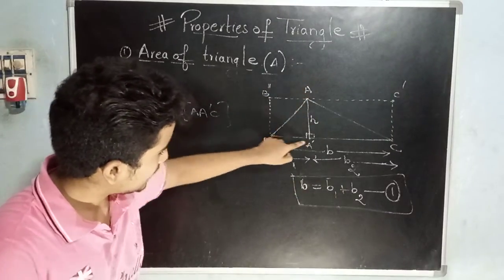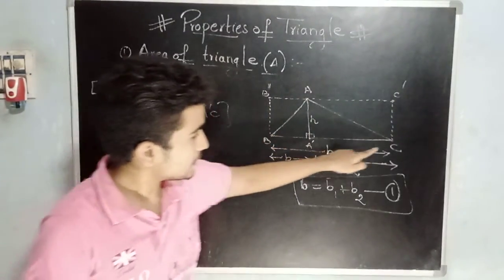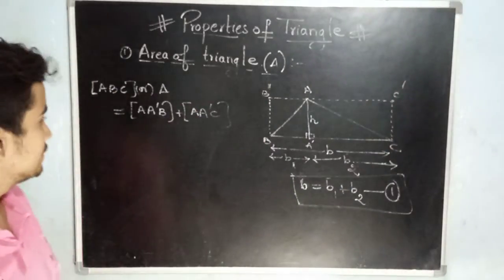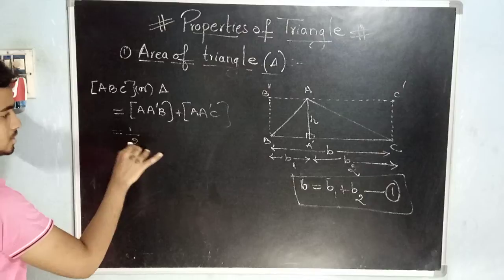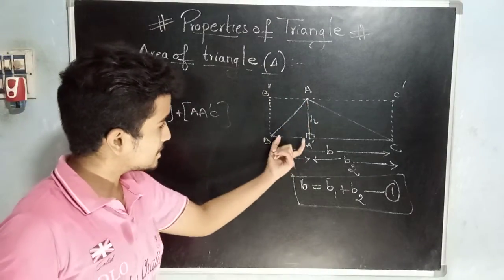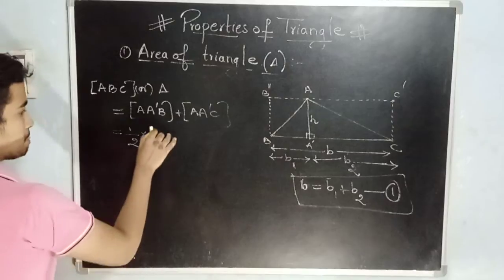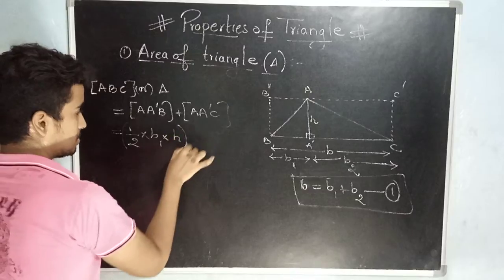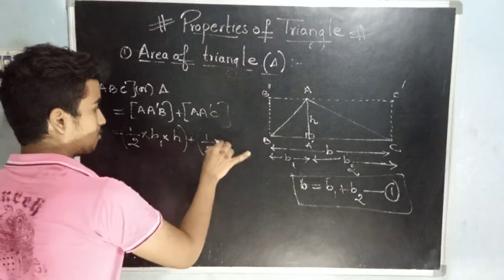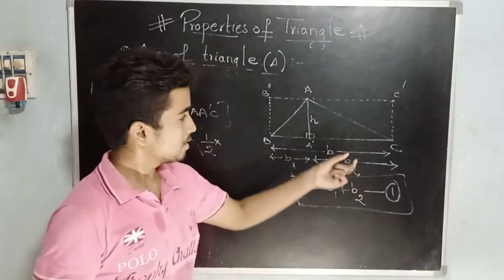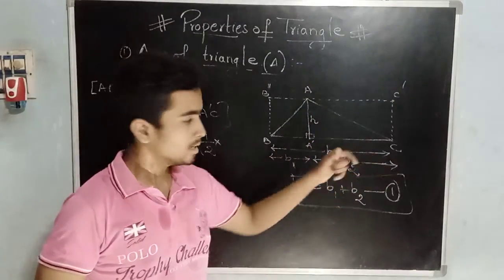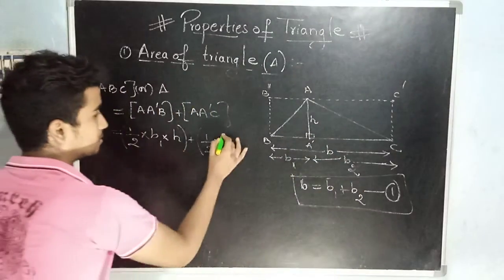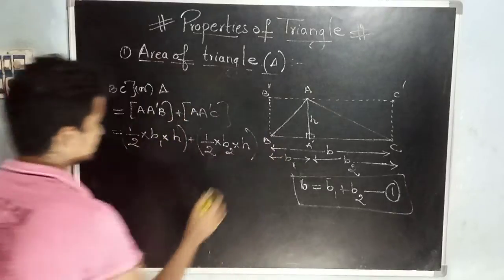The area of triangle A dash B is half into base, which is B1, into H, plus half into B2 into H for triangle A dash C, whose base length is B2 and height is H.